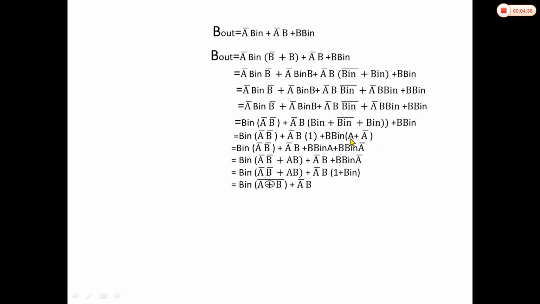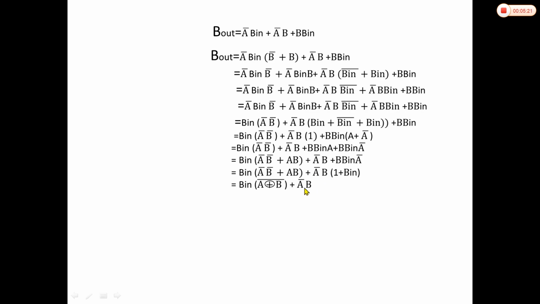We are multiplying with A plus A bar, then we get B in A bar B bar plus A B. When you take the B in as common, it will be A B plus A bar B bar plus B in A bar B. Here it is B in A bar B bar plus A B plus A bar B into 1 plus B in. 1 plus any variable equal to 1.